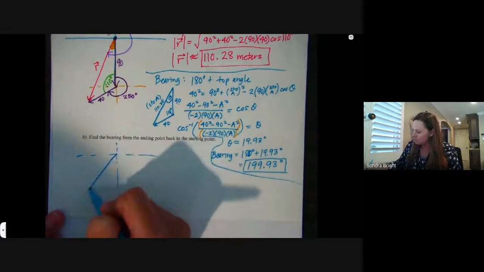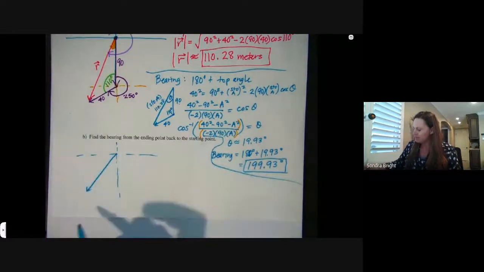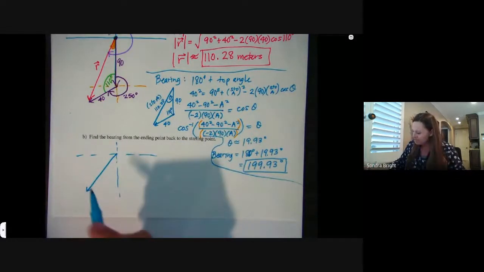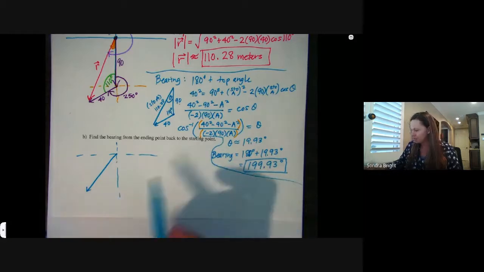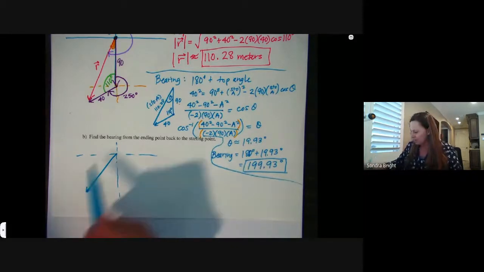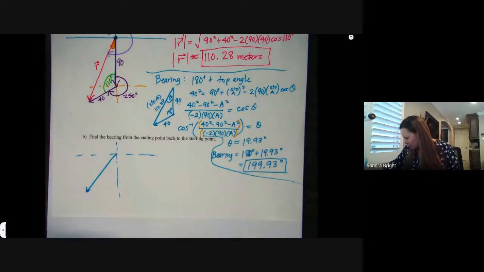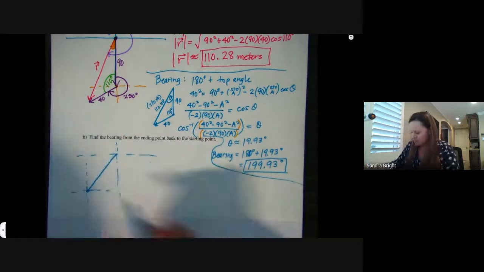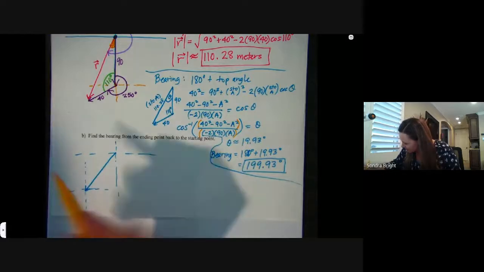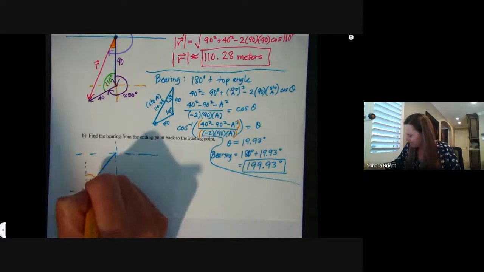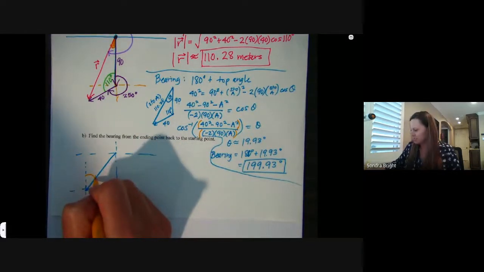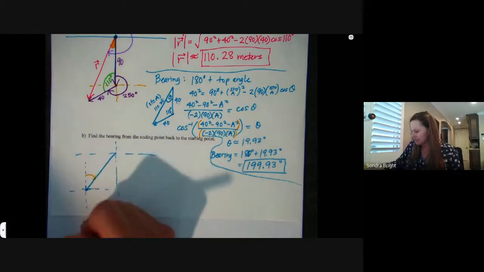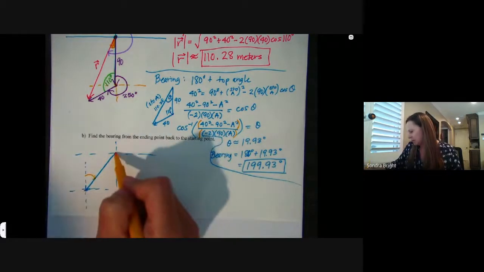What they want is the bearing from this ending point back to the starting point. So you draw a new north, south, east, west, and they want this bearing right there. From here back to the starting point, that will be your bearing.